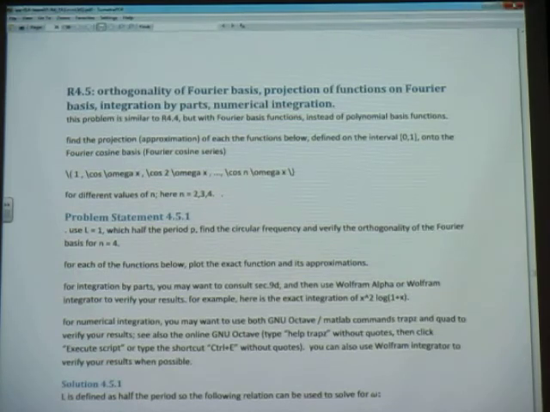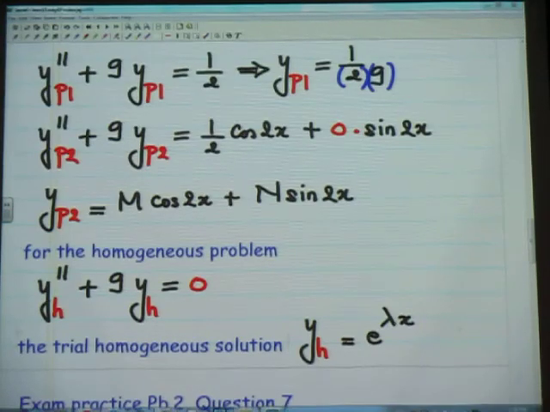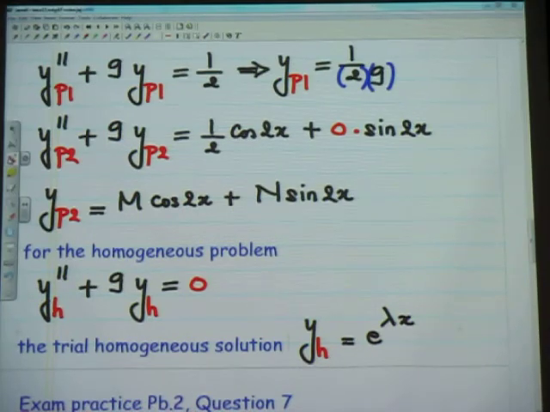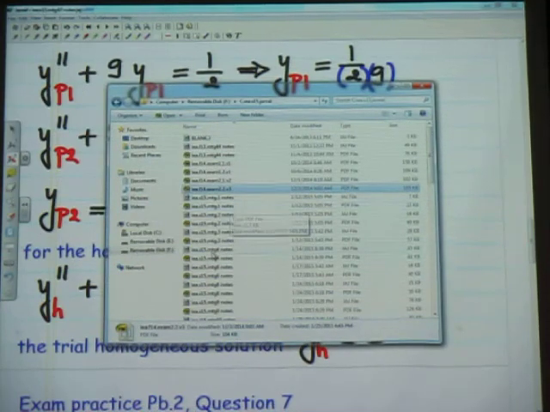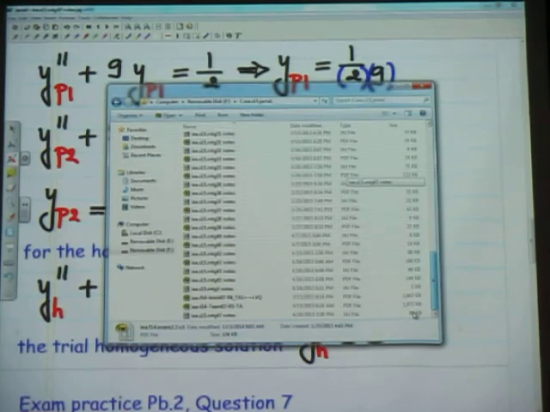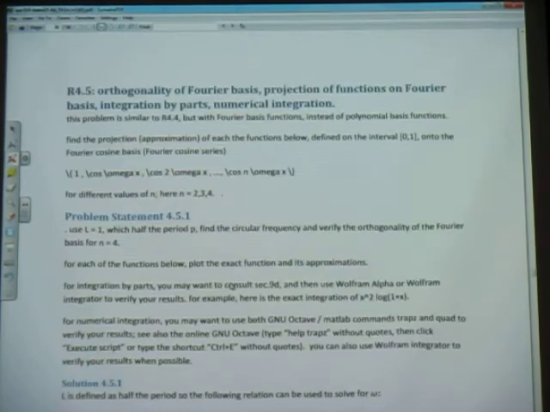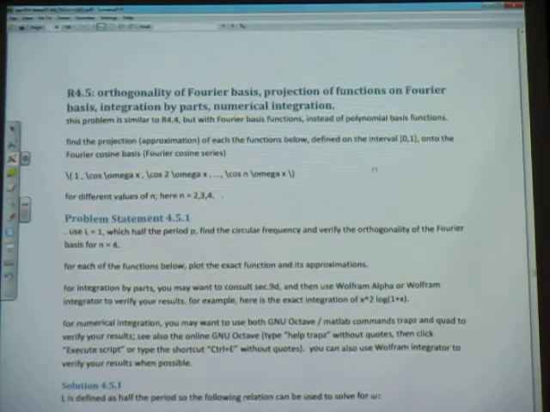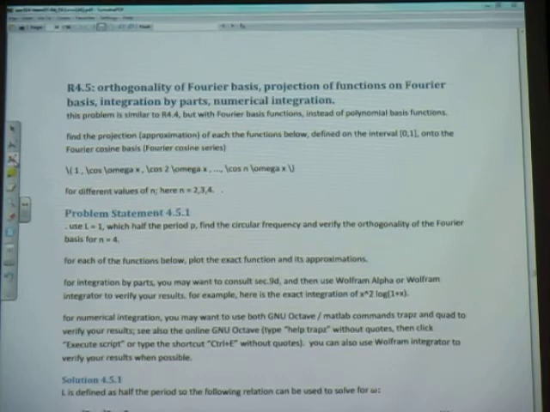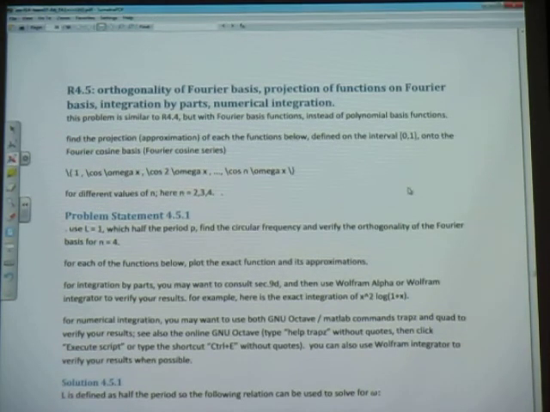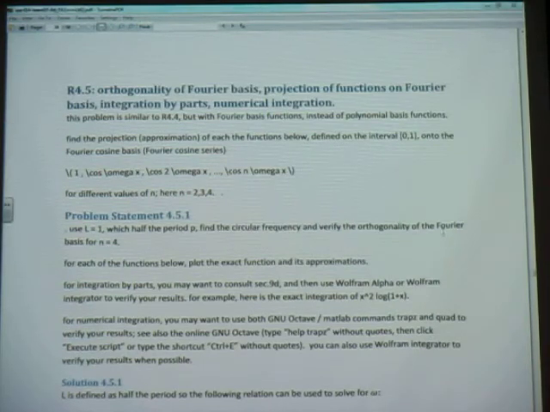For some reason the smart ink refused to work. Let's see. Okay, I cannot write directly on the screen, but I can make comments.